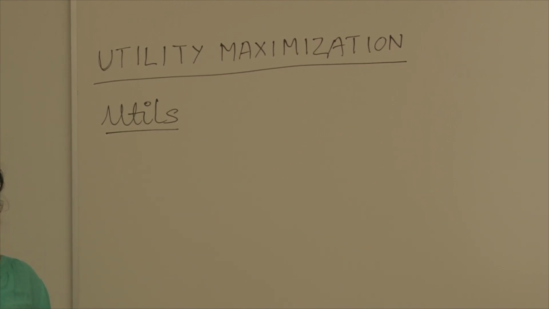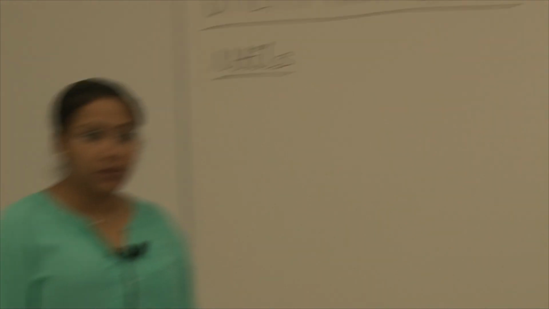When I say that someone is getting utility 5, it just means it is 5 utils. Okay? But like everything else in econ, also for utility, we are not so much worried about the total utility, but we are worried more about marginal utility, that is utility at the margin.